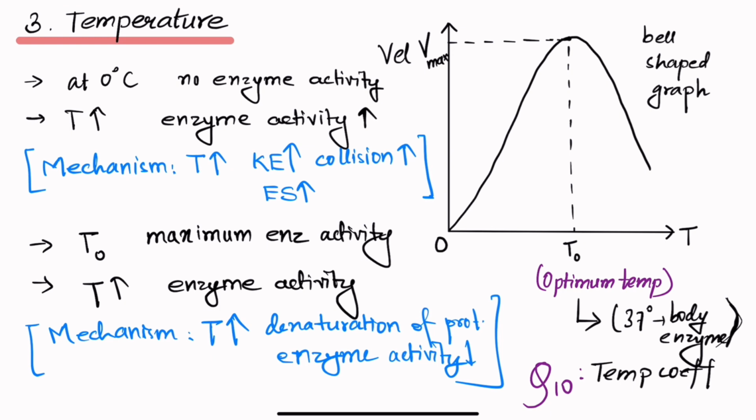That is, if you increase the temperature by 10 degrees Celsius, the velocity of the reaction increases by 2 times. That's what is stated by Q10 or temperature coefficient.